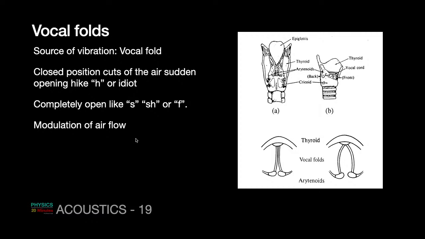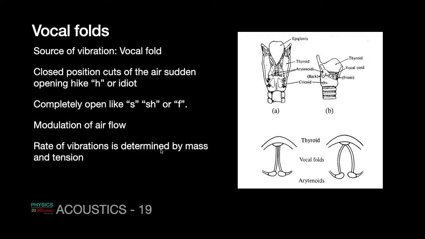Therefore, the modulation of airflow is wonderfully done by the vocal folds. As I said, they can be completely open, completely closed, partially open, partially closed. They can vibrate at different frequencies to give you a variety of frequency outputs. They modulate the airflow brilliantly.